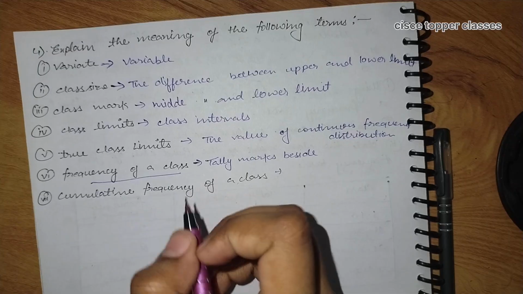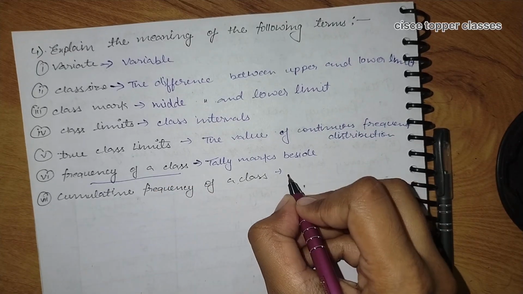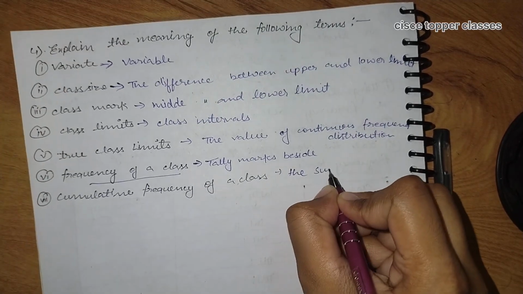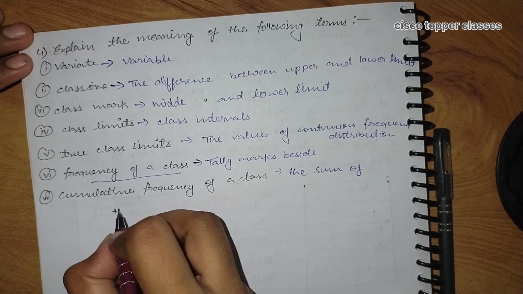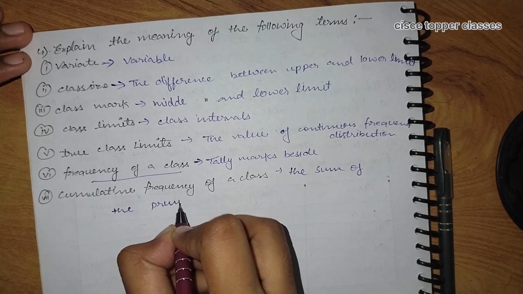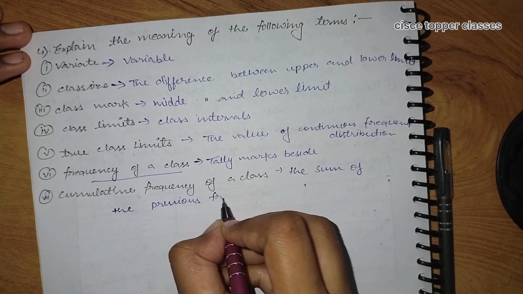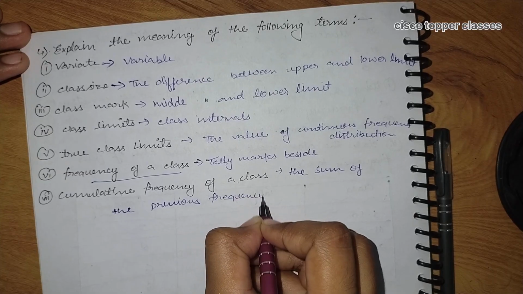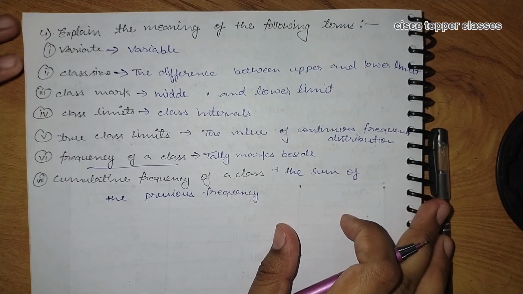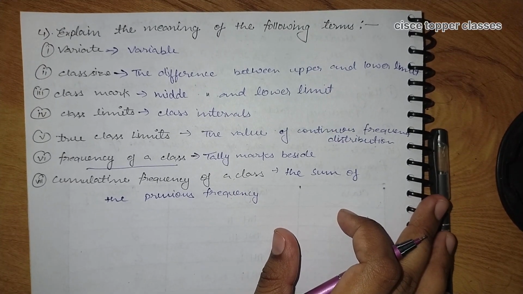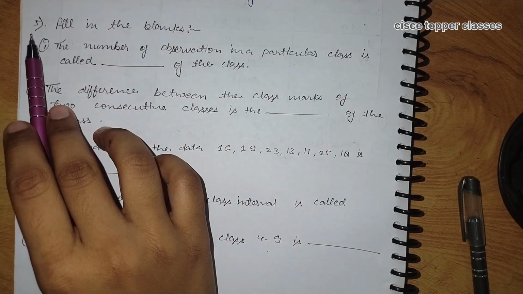Cumulative frequency means the sum of all the previous frequencies. And other things are written in the book, so we can just go through the book once for understanding all these things. Now let us solve question number 5.